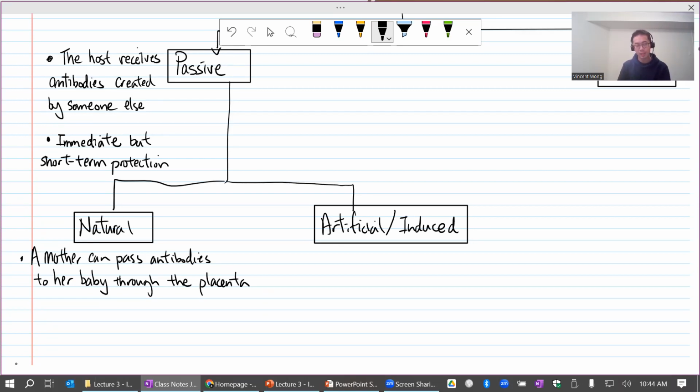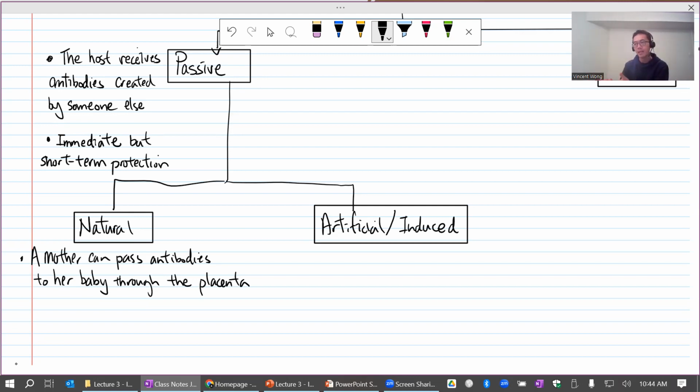My sister was pregnant during the pandemic, early on, maybe middle, and she was worried whether she should get the vaccine or not. So her doctor said, of course, get the vaccine. When you get the immunity, the baby will also get the immunity. But that's not long-term protection.